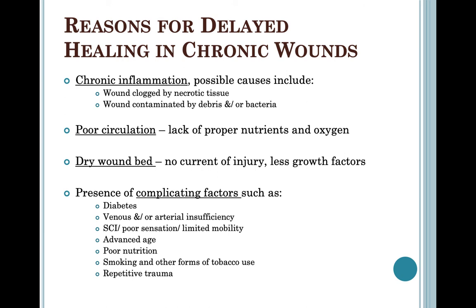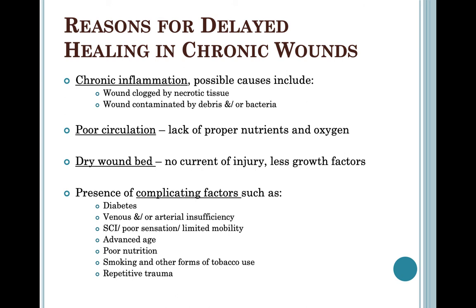And then for us, especially in patients that are older or patients that have some underlying medical conditions, there might be complicating factors like diabetes, venous or arterial insufficiency, patients with limited mobility due to spinal cord injury or other types of musculoskeletal or neuromuscular impairments. Also, we need to be aware of any type of impairment in sensation, which reduces the patient's ability to detect trauma and other types of skin irritants.